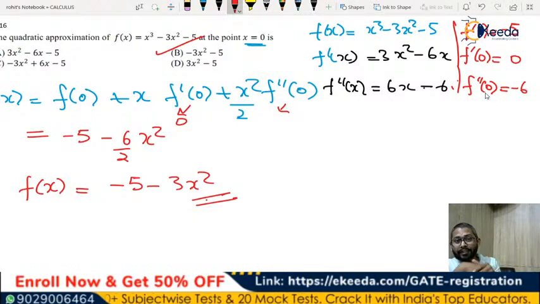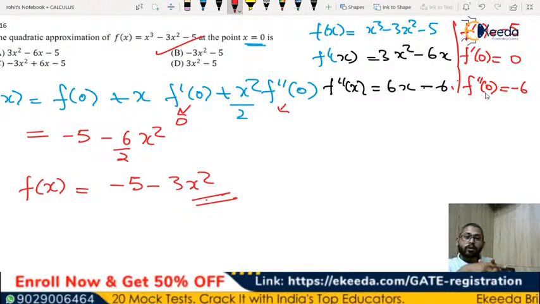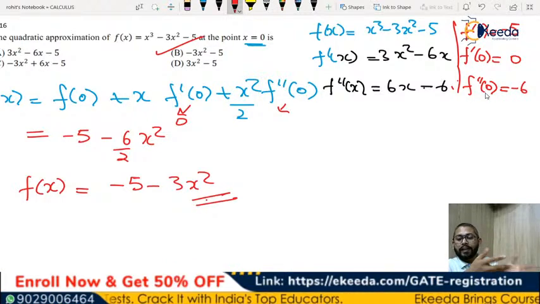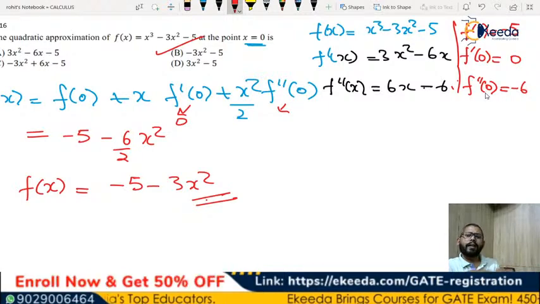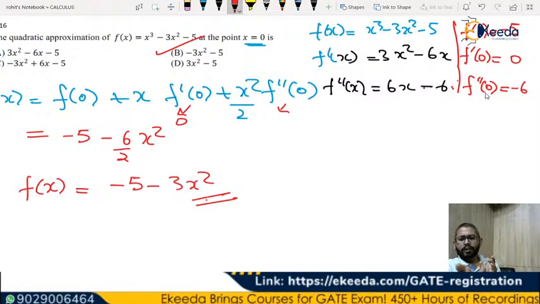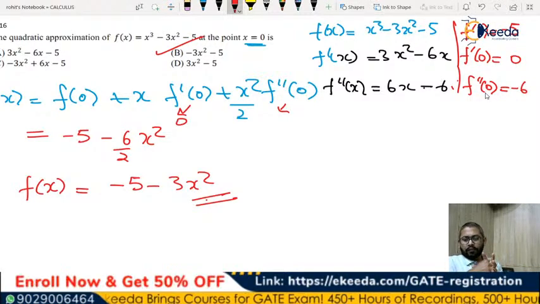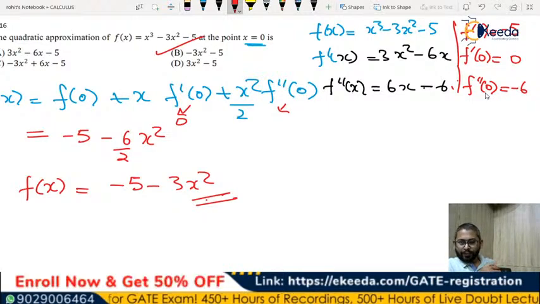But what if they ask you about x equal to 2? Or they ask you about x equal to minus 5. In that case, you will have to do it.